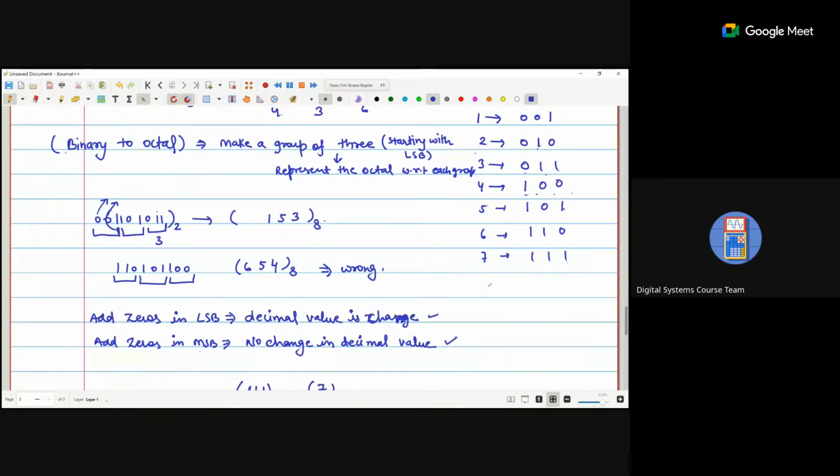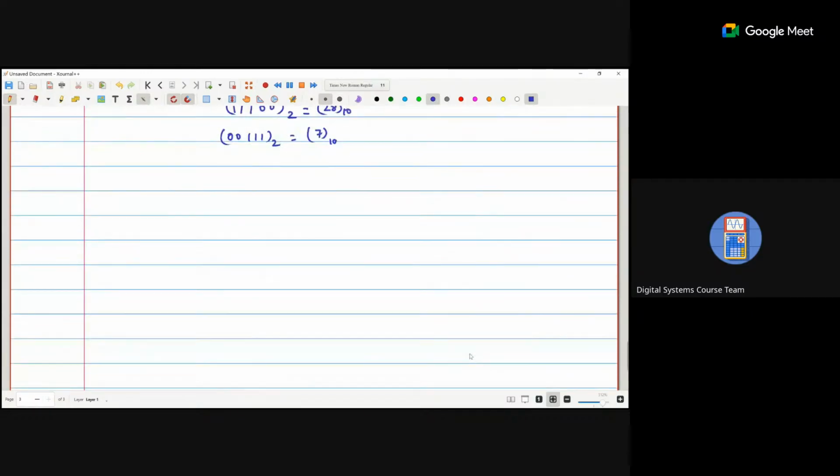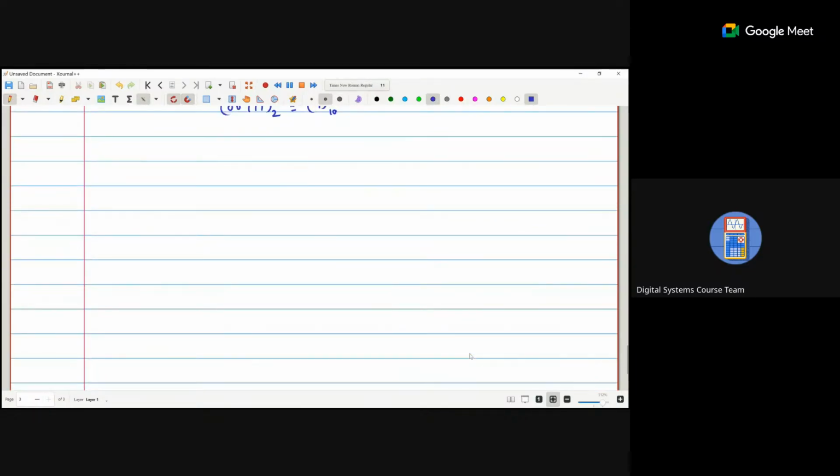So that's why this way is wrong. So always remember to start grouping from the LSB, not from the MSB. Is it clear? Yes, sir.